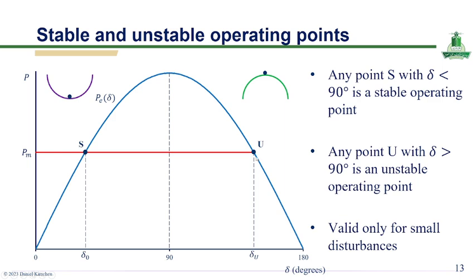In contrast, any point U with delta bigger than 90 lies on the decreasing portion of the curve and is unstable as small disturbances cause the system to move further away from equilibrium. So it will be more unstable. It is important to note that this stability criterion is valid only for small disturbances where linearization around the operating point is applicable.